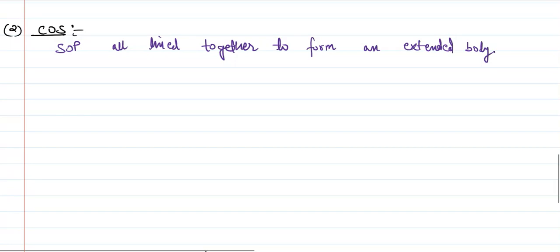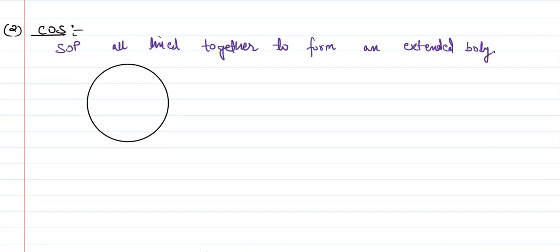Okay, suppose examples are sphere. Sphere is an example of continuous object system. Sphere, and you can take an example of cube also.